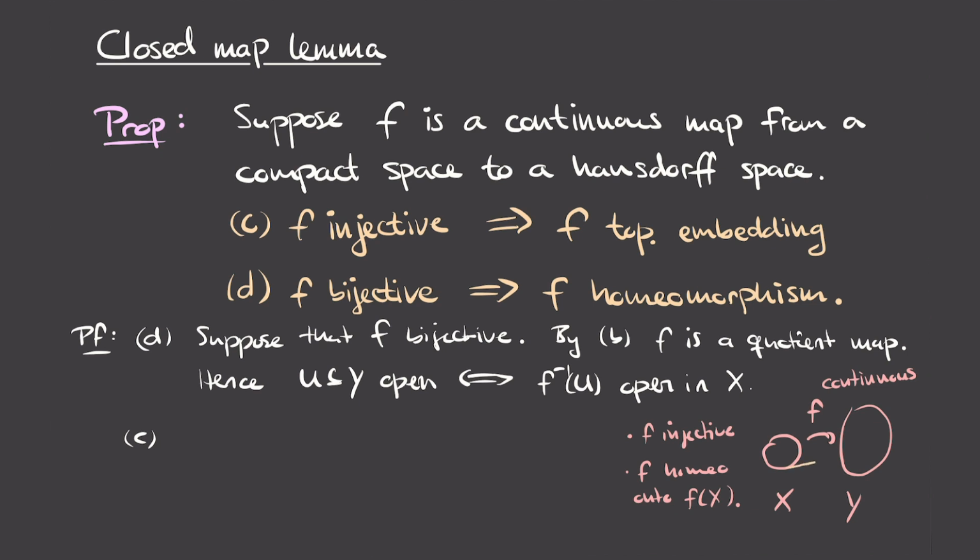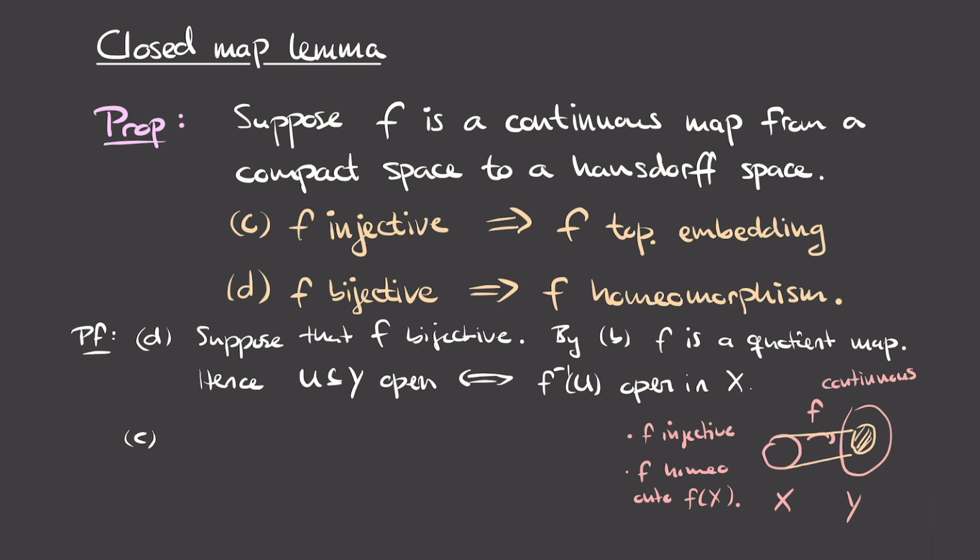Well, f will map x injectively into y. And now we want that if we restrict f to its image, f of x, so that's this orange set here, that the restricted map is in fact a homeomorphism. A homeomorphism with respect to what topology? Well, with respect to the subspace topology on the image f of x.